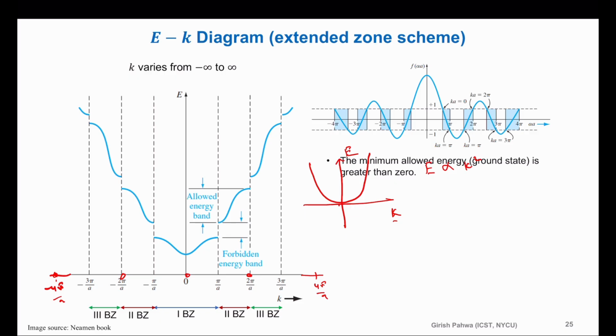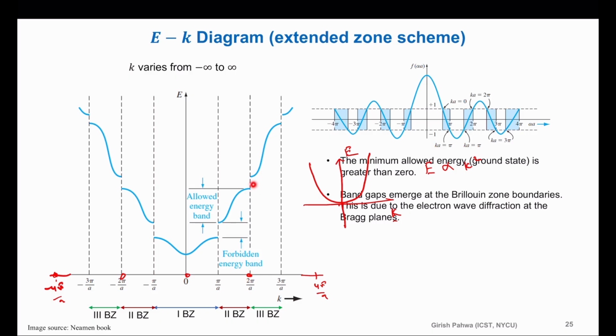So I already told you the minimum allowed energy, the ground state, is greater than 0 here. Band gaps emerge at the Brillouin zone boundaries. So all of these are Brillouin zone boundaries or Bragg planes, and band gaps will always appear at those boundaries. At this boundary, you can see the band gap. At this boundary, you can see the band gap.